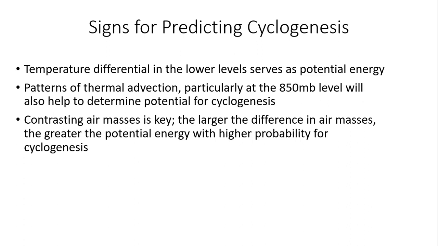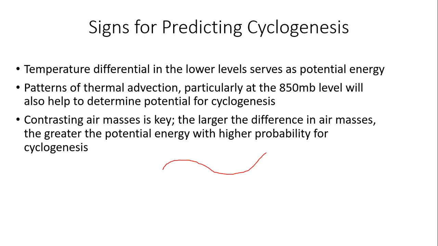Other considerations for predicting cyclogenesis: the temperature difference in the lower levels. That is huge. It serves as a potential energy for mid-latitude cyclones. Patterns of thermal or temperature advection, particularly at 850 millibar level. That's at that 5,000 foot level above the ground. That also helps to determine potential for cyclogenesis. So at 850, what you want is your height contours.